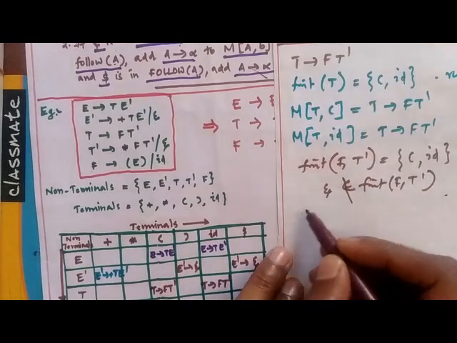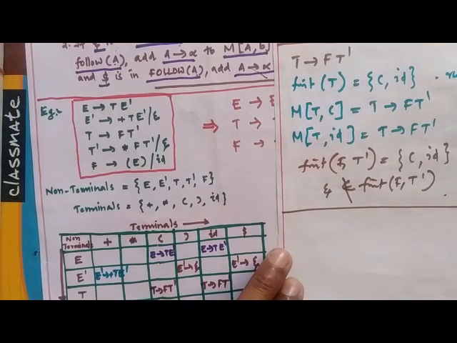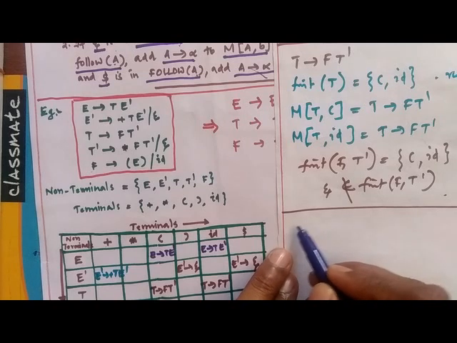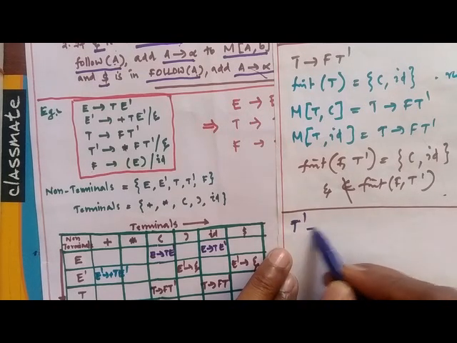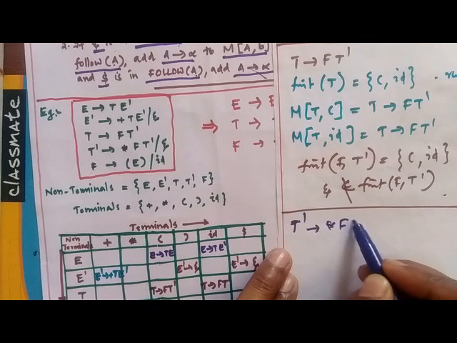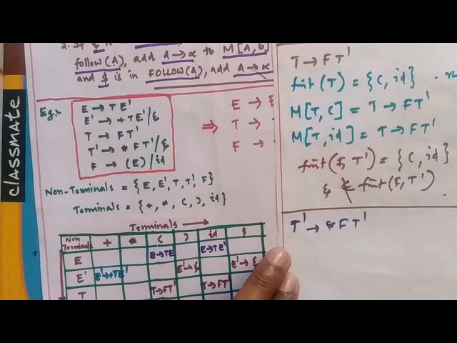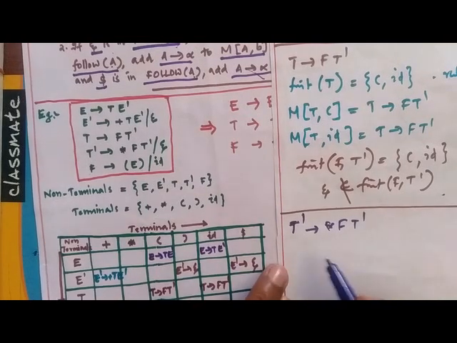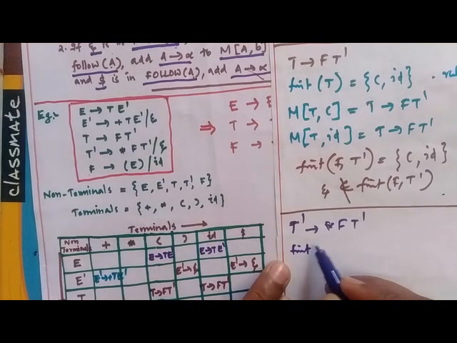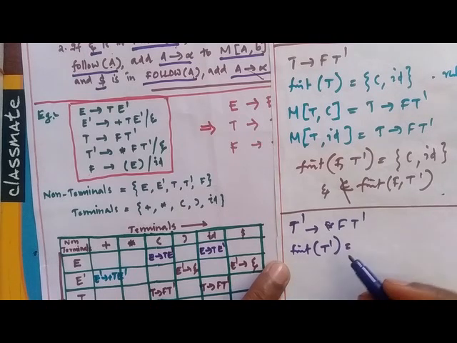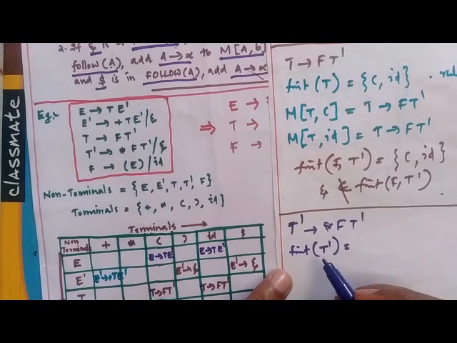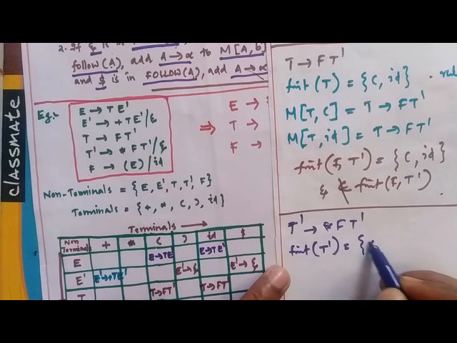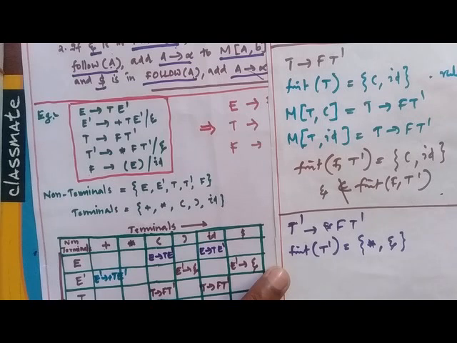The next production is T dash gives star F T dash. So here first we will compute first of T dash. First of T dash contains star and epsilon.